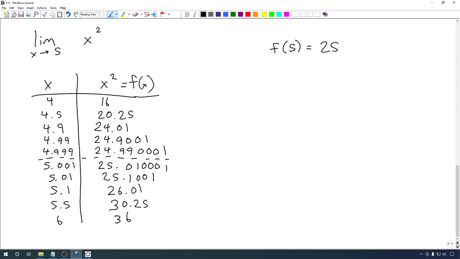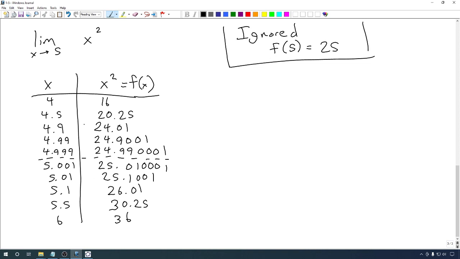Of course, 5 squared is 25. We already knew that. But when we're talking about limits, we're actually ignoring this fact. We're ignoring the fact that we already know what this value is. It's just not in the realm of what we're even talking about.